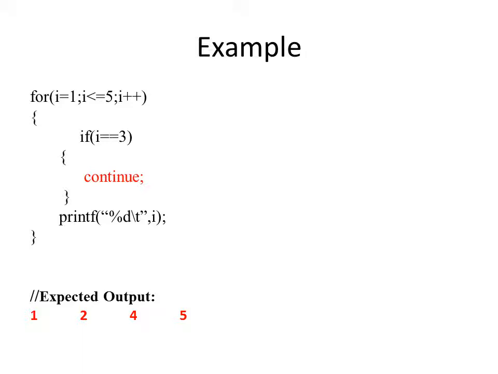In some situations you may find that the pair of curly brackets is not available. Obviously, as there is only one statement, there is no requirement of curly brackets, but just for simplicity of understanding I have used them. Whenever the i value is equal to 3, the continue statement is executed, and if the condition fails, then control transfers towards the printf function.